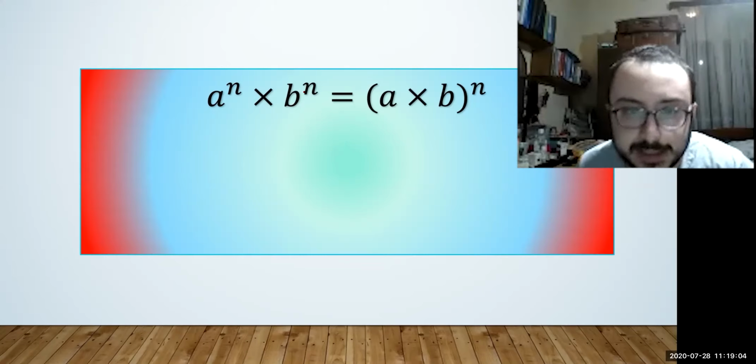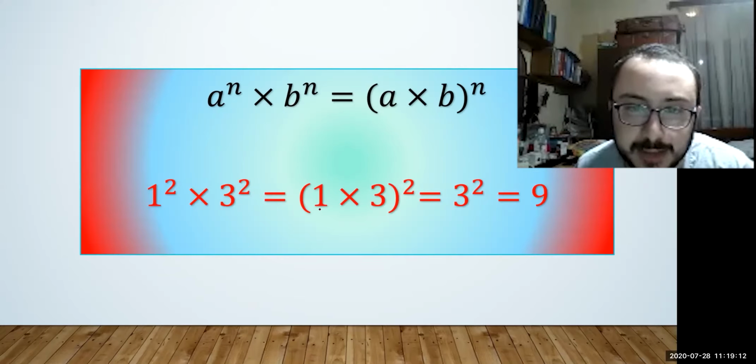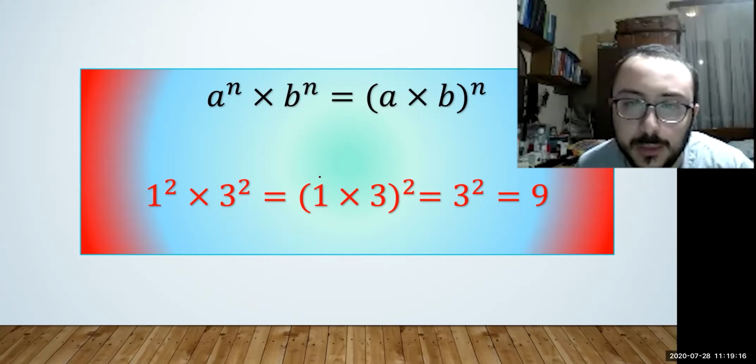For example, 1 power 2 times 3 power 2 is equal to 1 times 3 power 2. 1 times 3 is 3, power 2 equals 9.